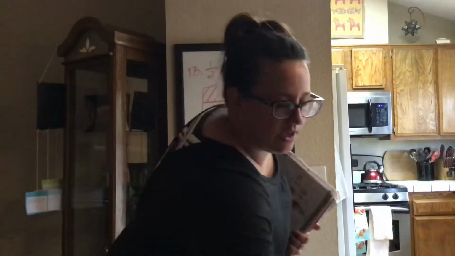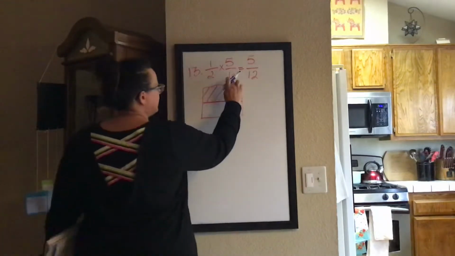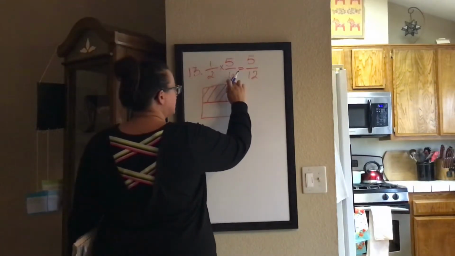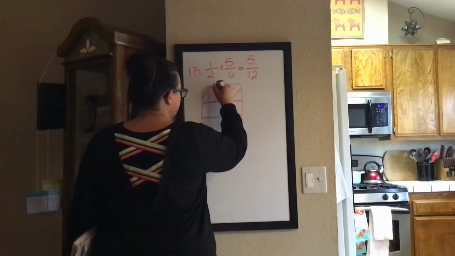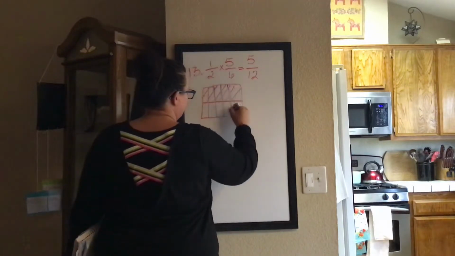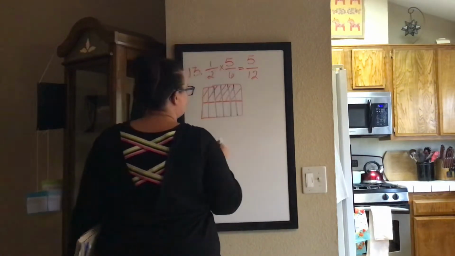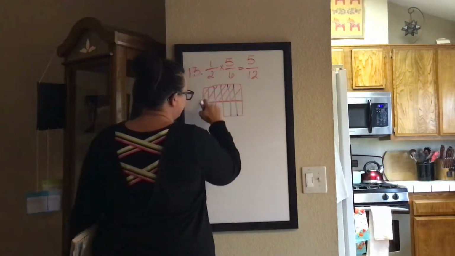Then I'm gonna get my other color. Now I'm gonna split it by the second fraction, 5/6. Well, I need to split it into 6. 1, 2, 3, 4, 5, but I only want 5 of them. Now it's not this part, that's not 5.